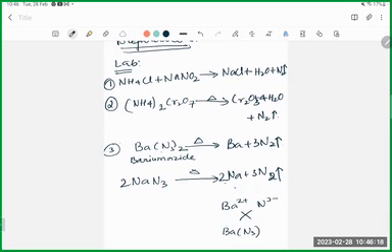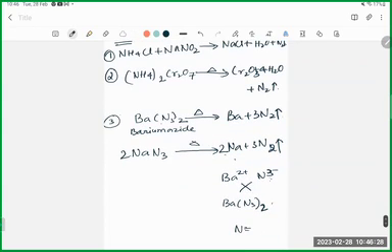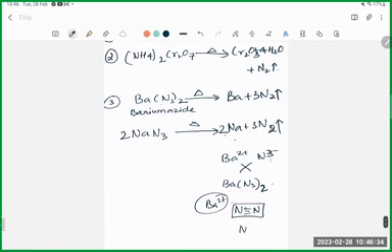Ba(N3)2, right? Azide is N3 minus, reacting with barium 2 plus.